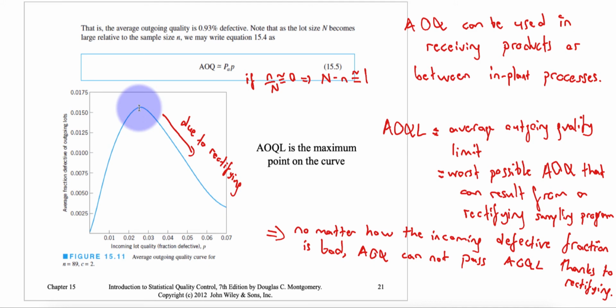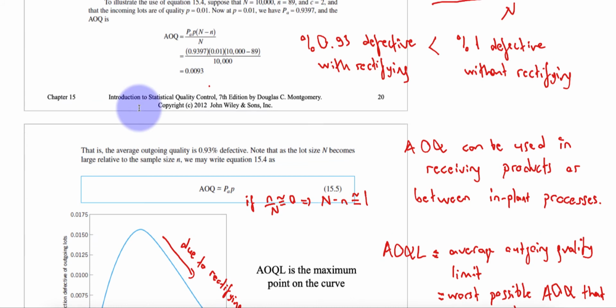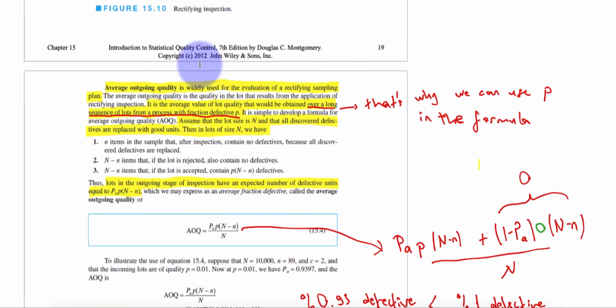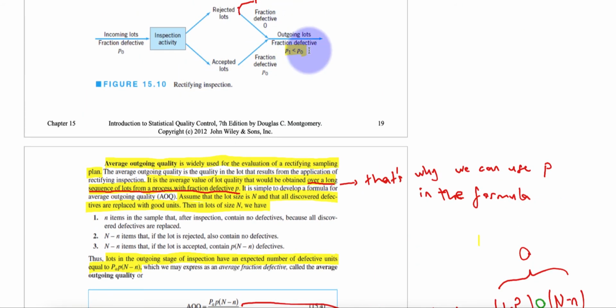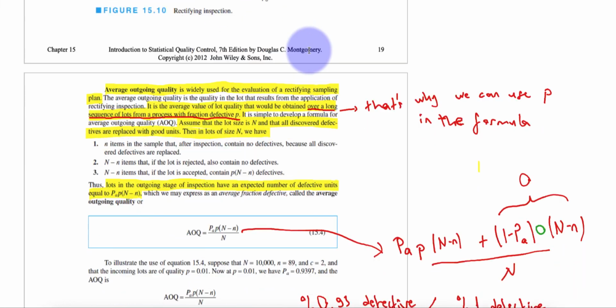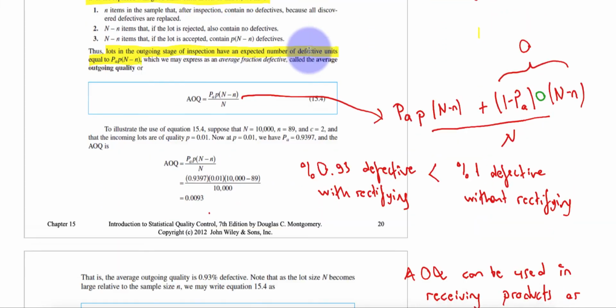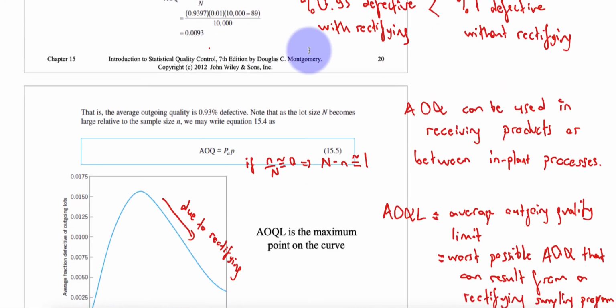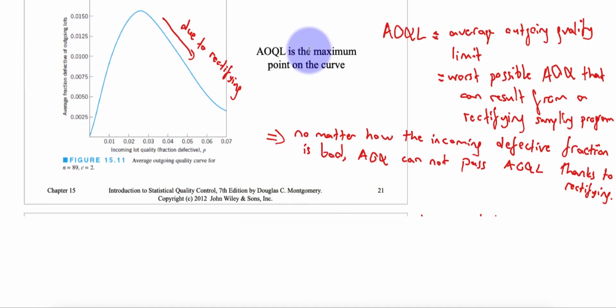Even if the lots are coming with lots of defectives, we will reject them most of the time, then we will correct them. That's why in the outgoing flow, in the outgoing lots, we will see a reduced number of defective units because we have replaced them. All right.